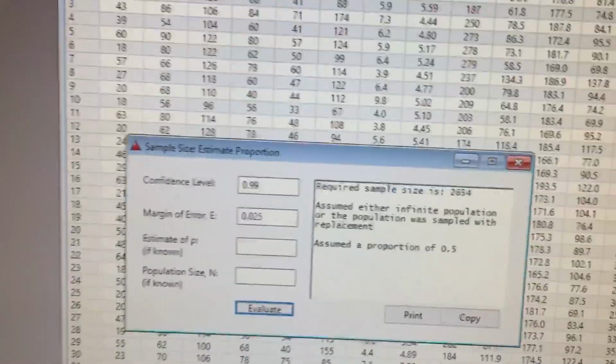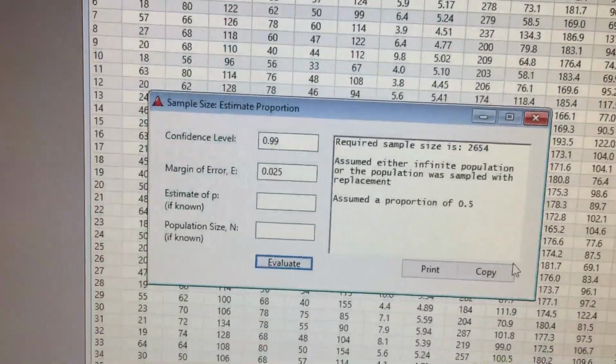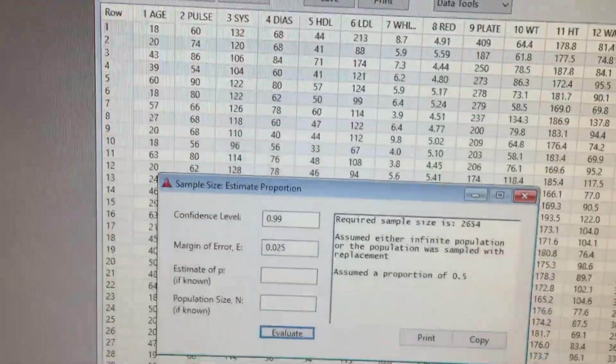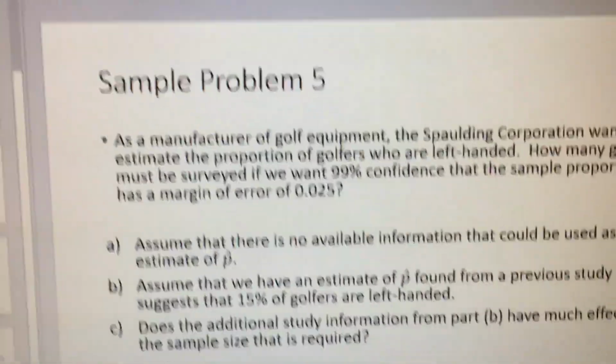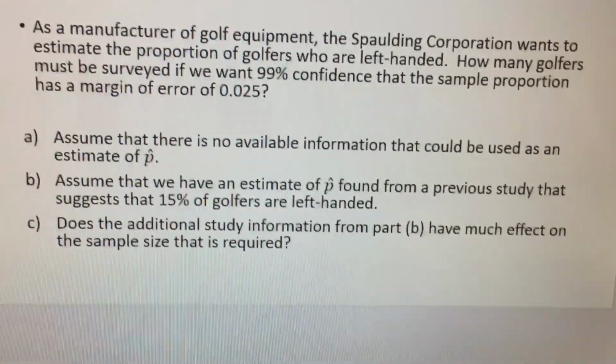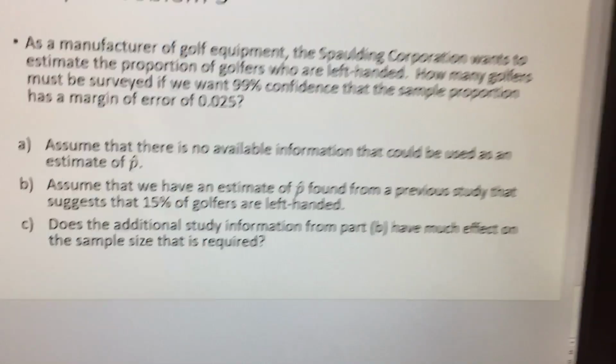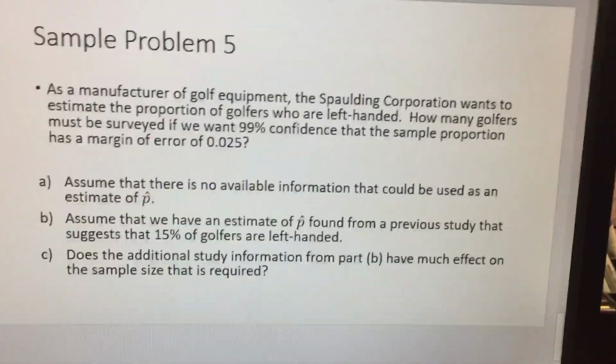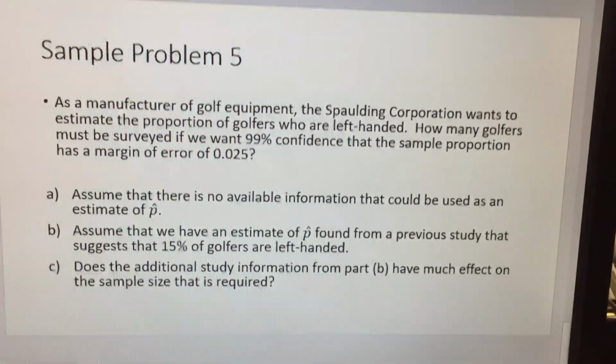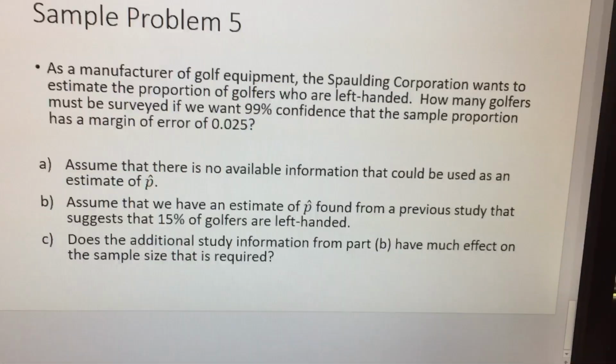Now the B part, we're assuming that we have an estimate of p hat found from a previous study that suggests that 15% of golfers are left-handed.